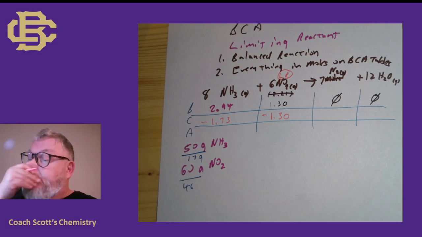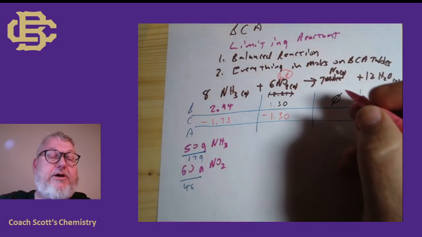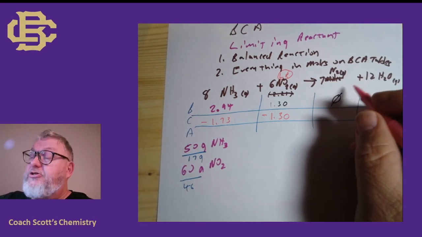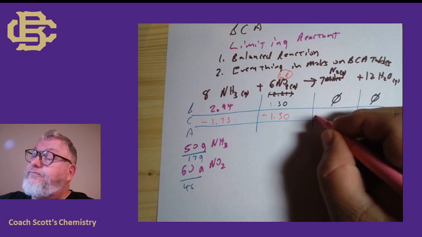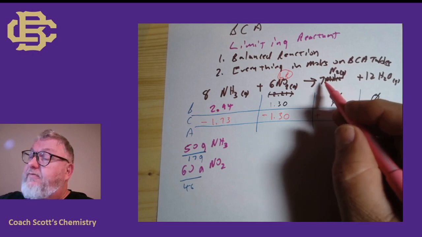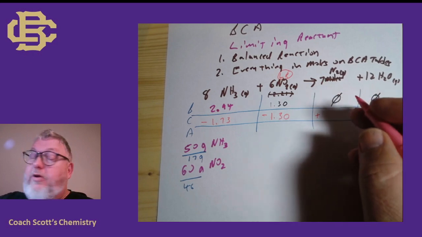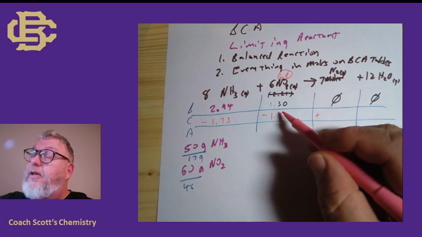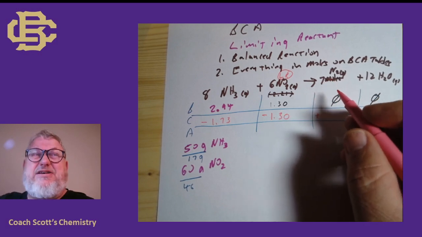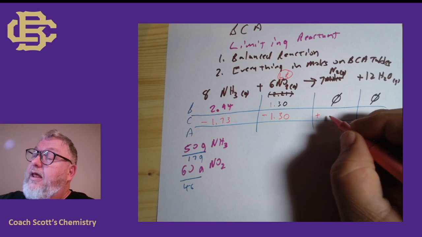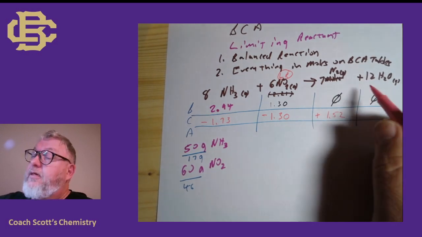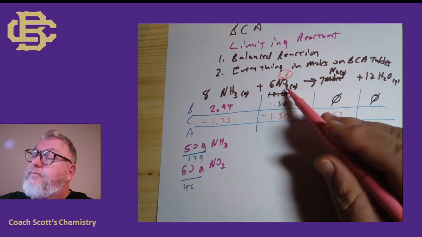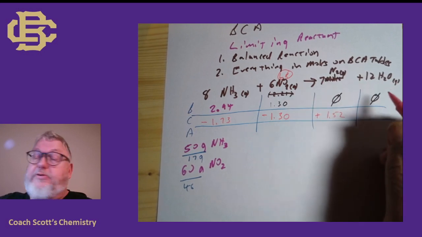Okay, so let's use the 1.3 to see how much nitrogen gas will be produced. It's 7, so that should be a little bit bigger than 1.3. So I'm going to multiply 1.3 times 7/6, which will give me the bigger number, and I get 1.52. It is slightly bigger. Then I look at how much water is going to be produced.